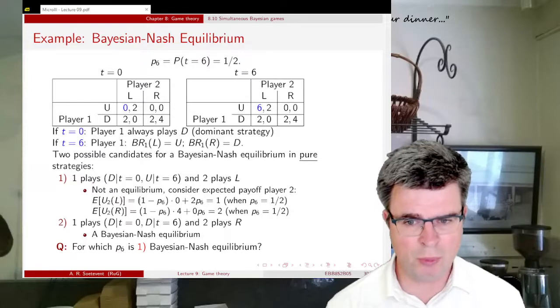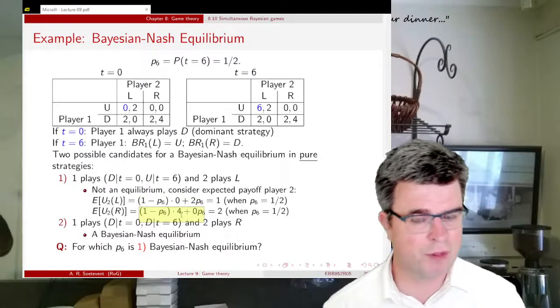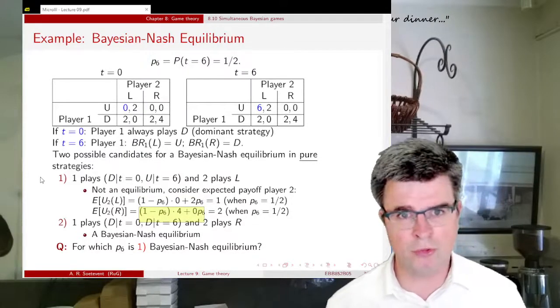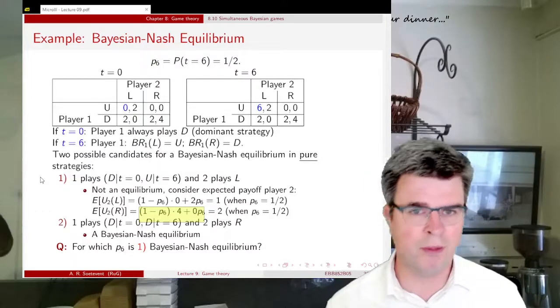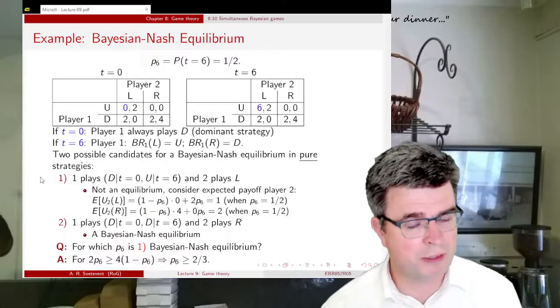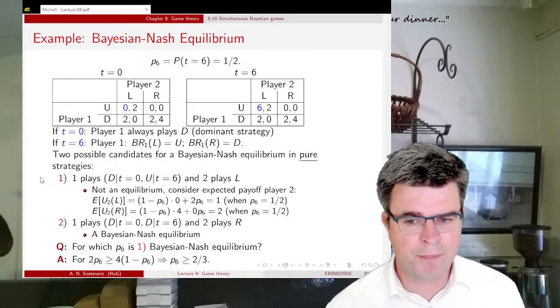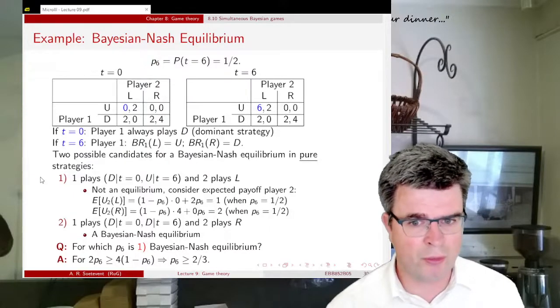So what we need is that this expression over here is at least equal to this expression over here. So we can equate the two, solve for P6, and we get an answer to our question. And the answer is, if P6 is at least equal to 2/3, then candidate number 1 is a Bayesian equilibrium of our game.